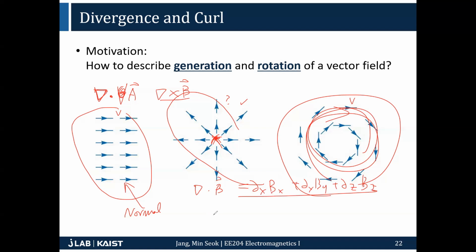But that's not the point. That is of course important, but the more important thing is to understand the meaning, the geometrical interpretation, and that's really important in applying this concept to physical problems. Okay, good. I'll finish here.